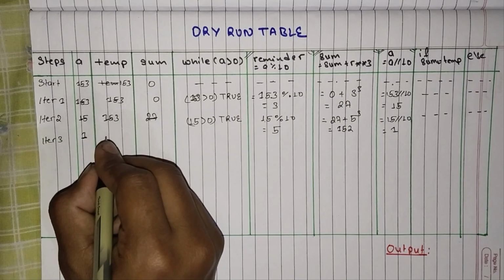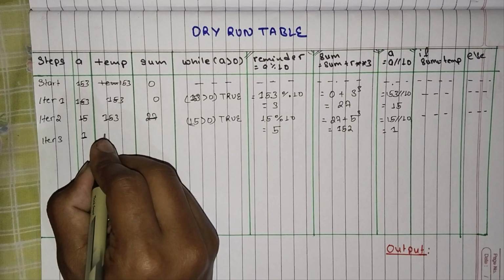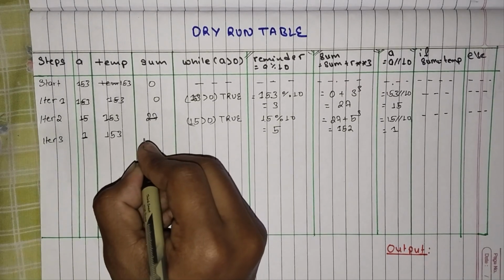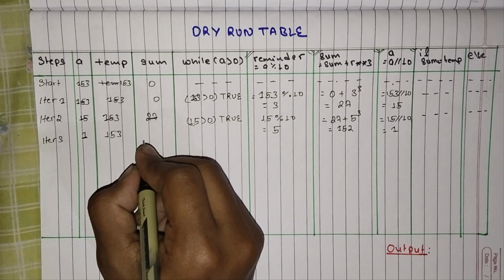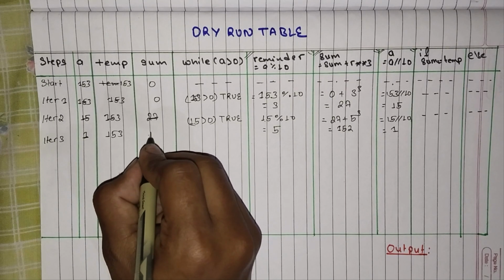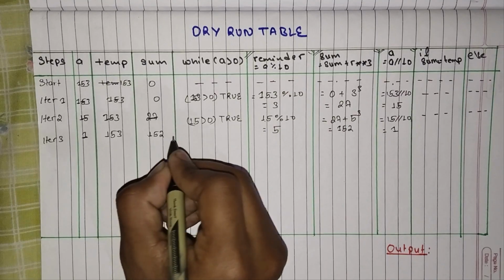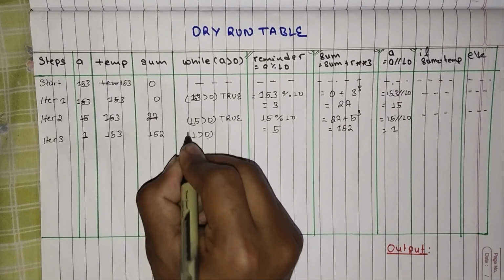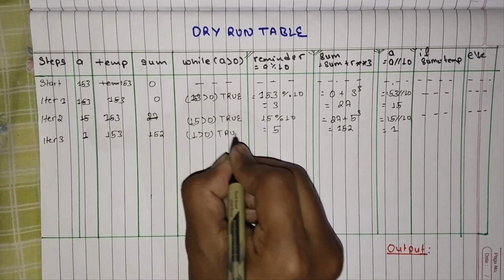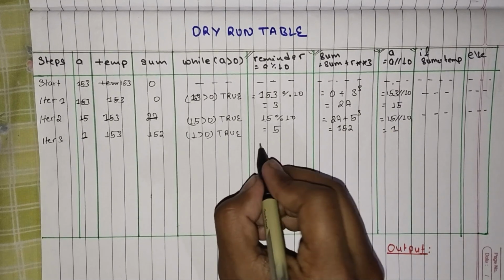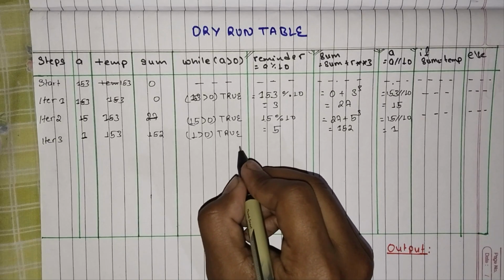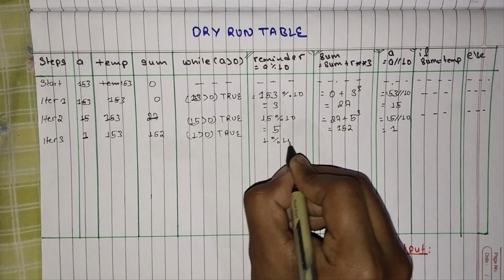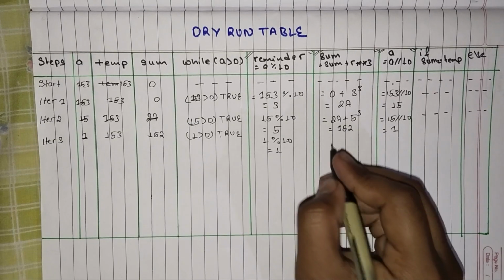And again the temp value will not be changed, like I can write 153. And sum will be 152. And 1 is greater than 0, that is true. And we can write 1 modulo 10, that will be again 1.